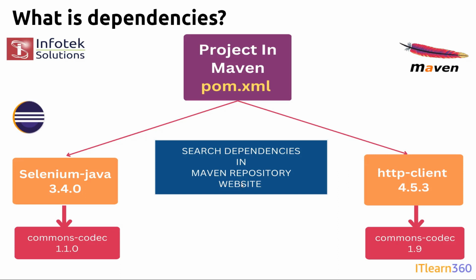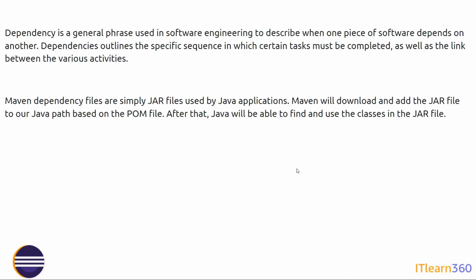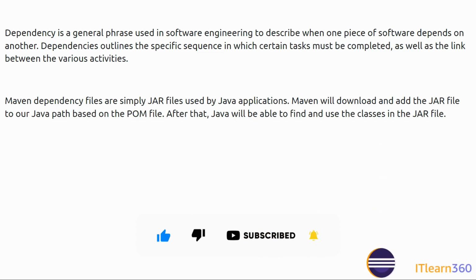The definition of dependency is a general phrase used in software engineering to describe one piece of software depending on another. You're building software, and that software is dependent on these dependencies. They bring the jar files, and that makes the complete project.